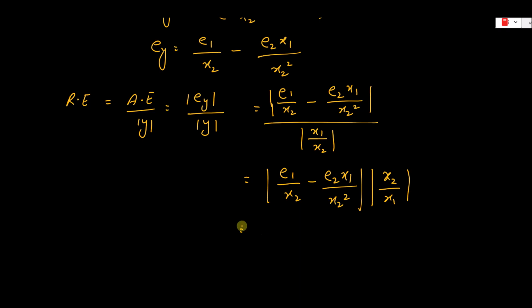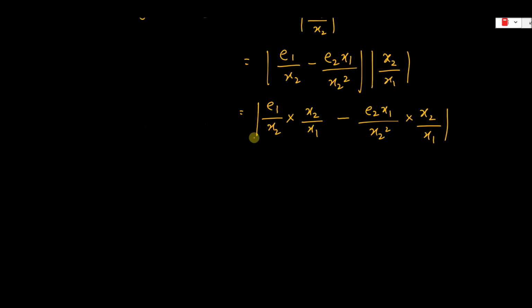After that, we are going to multiply: e1 over x2 multiplied by x2 over x1, minus e2 x1 over x2 raised to 2 into x2 by x1. So we will cancel these terms and we will get e1 over x1 negative. This will be cancelled out with this one, and this will be cancelled out with this one.